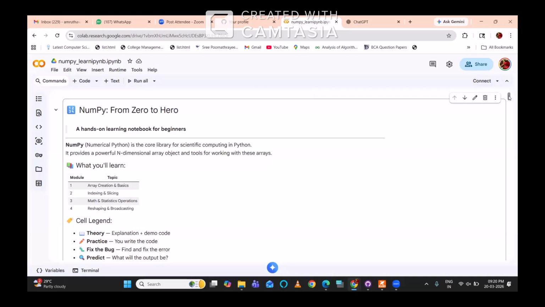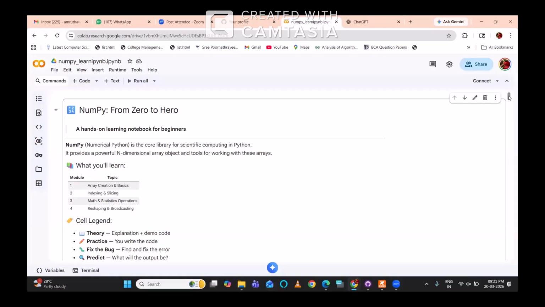And there are a lot of advantages of using NumPy because it can be parallelized, it can be easily converted into other forms. Okay, so a lot of advantages are there with NumPy. Okay, so the theories are explained here.